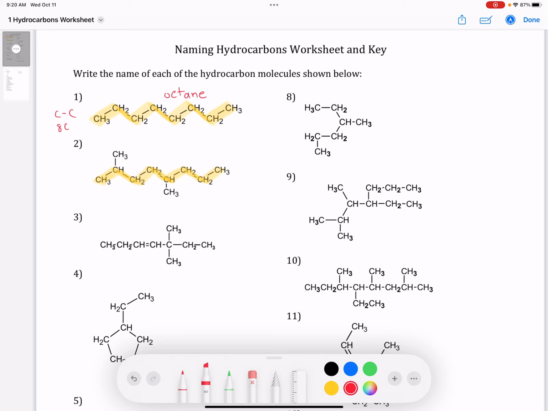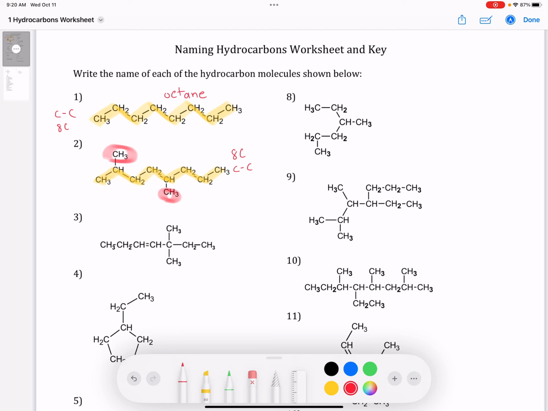Okay. I can see that there are 2 branches coming off of this chain. Okay, so I'll highlight those. And now I'm just going to make some notes off to the side. So there's an 8 carbon chain with carbon-carbon single bonds. So I know that for that I'll have octane again.